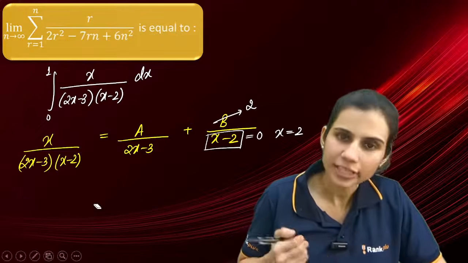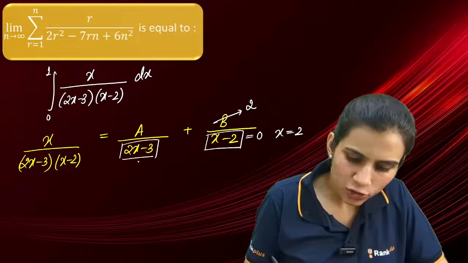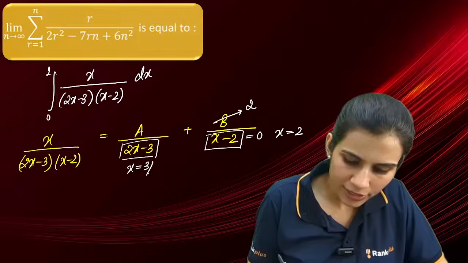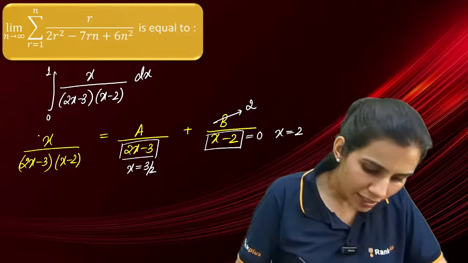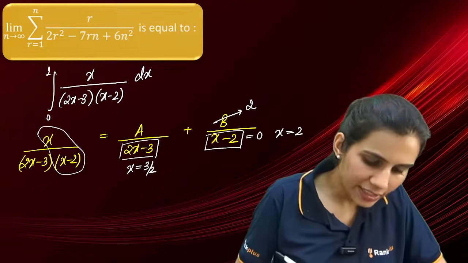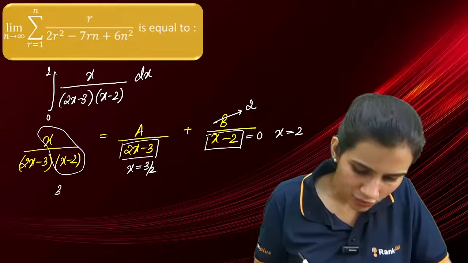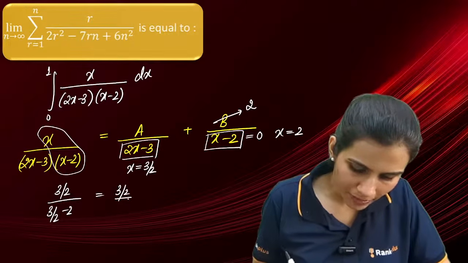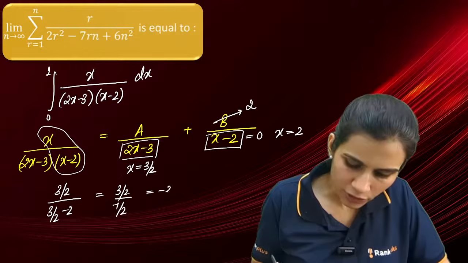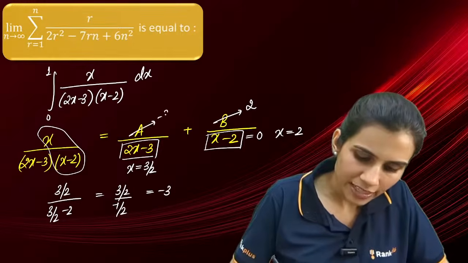That's the short trick. Similarly, another factor is 2x minus 3. Its critical point is 3 by 2. At 3 by 2, 2x minus 3 is 0. So leave 2x minus 3 and select everything else on the left hand side. Plug in x as 3 by 2 upon 3 by 2 minus 2, which gives you 3 by 2 upon minus 1 by 2, which gives you minus 3. So the value of a is minus 3.